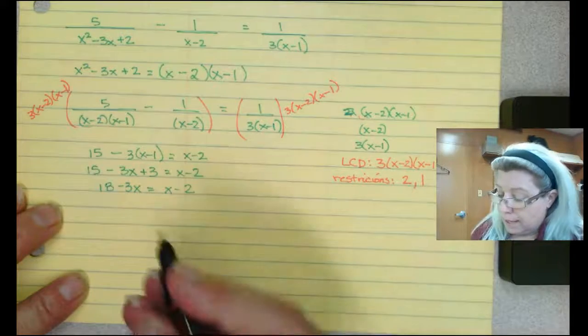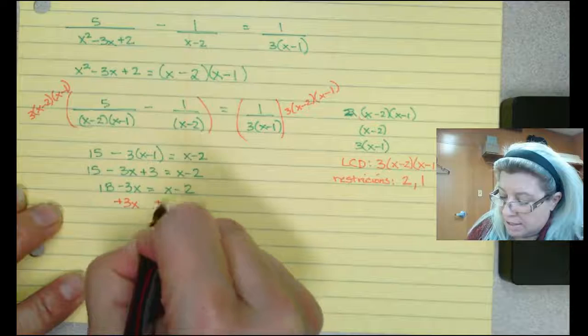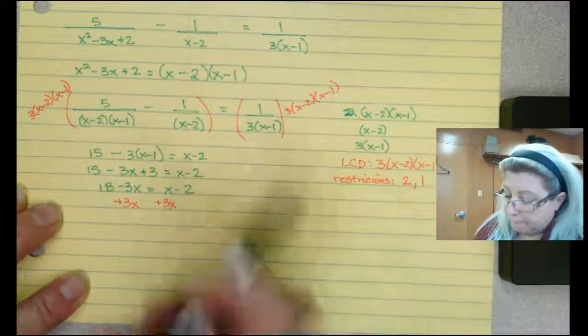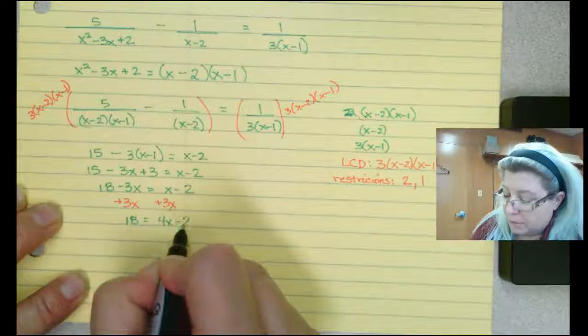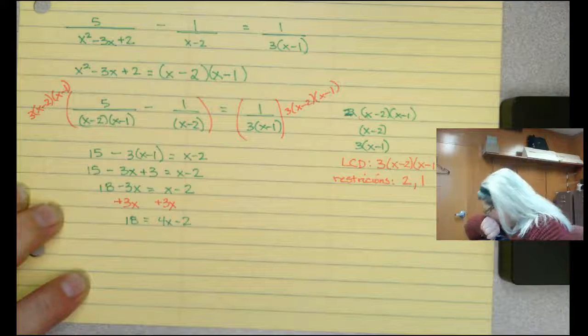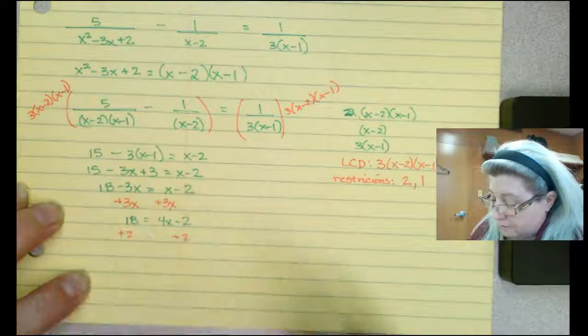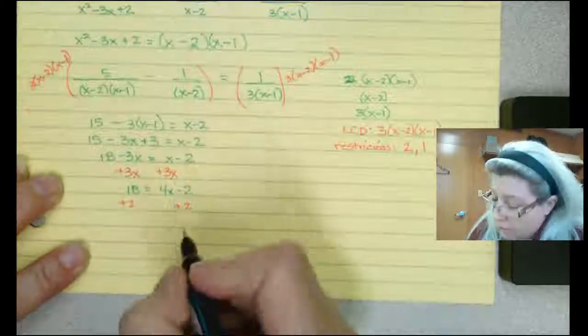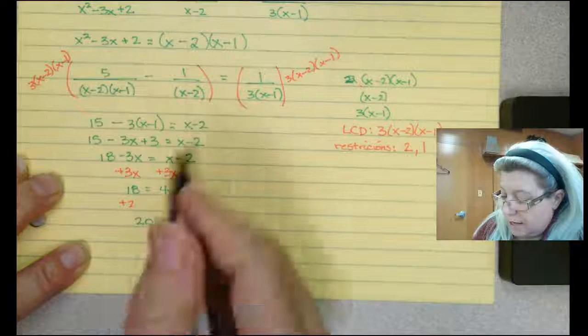I'm going to go ahead and say plus 3x plus 3x. 18 equals 4x minus 2. Add 2, pardon me, plus 2 plus 2. 20 equals 4x. Divide by 4.